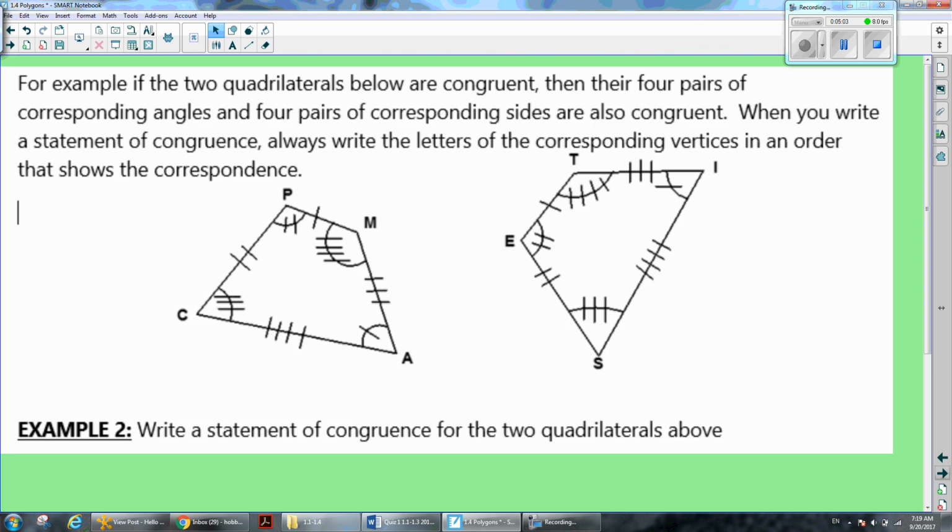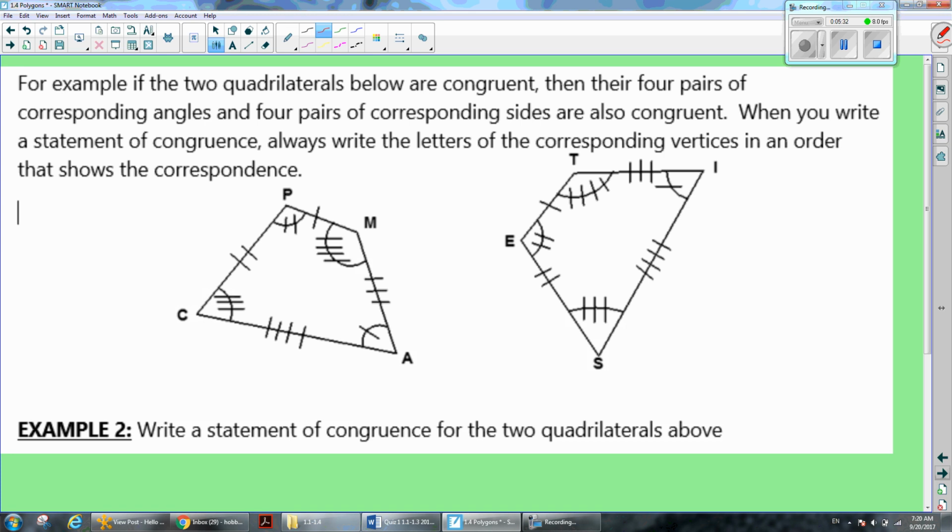For example, if these two quadrilaterals are congruent, then they have 4 pairs of corresponding angles and 4 pairs of corresponding sides that are also congruent. So when you write a statement of congruence, you always write the letters of the corresponding vertices in the order that shows the correspondence. So if we wanted to write a statement of congruence for the two quadrilaterals above, we need to find things that are congruent.